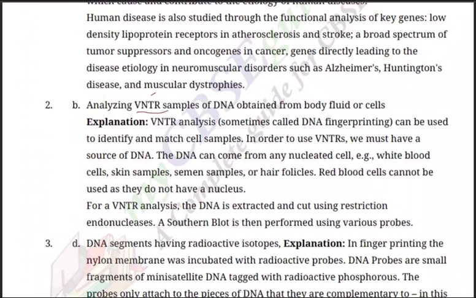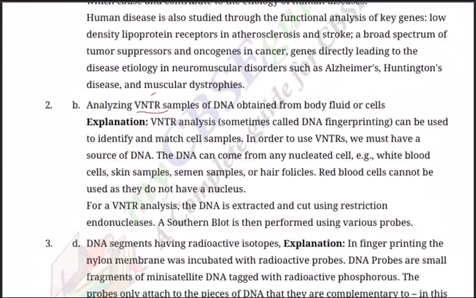Question 2, of course, as I just said, VNTR, variable number of tandem repeats, analyzing VNTR samples of DNA obtained from body fluids or cells. VNTR analysis, sometimes called DNA fingerprinting, can be used to identify and match cell samples. In order to use VNTRs, we must have a source of DNA.